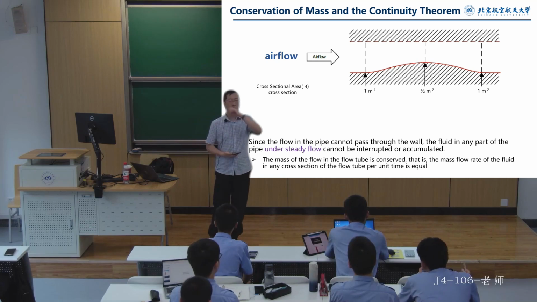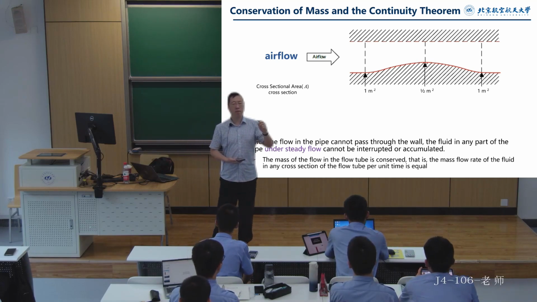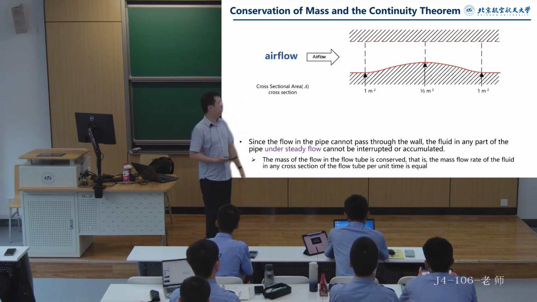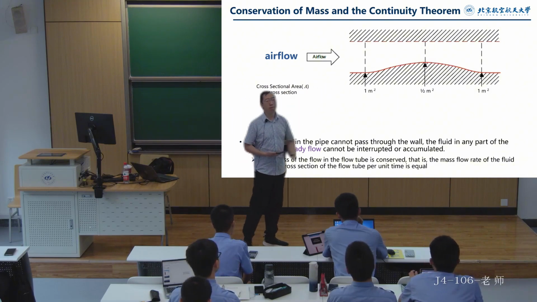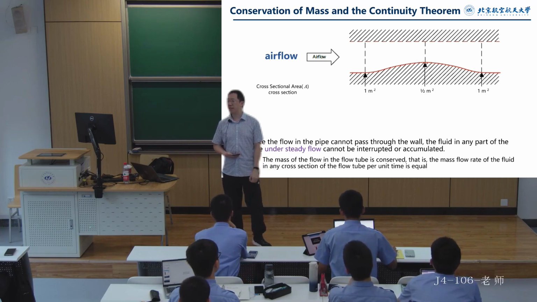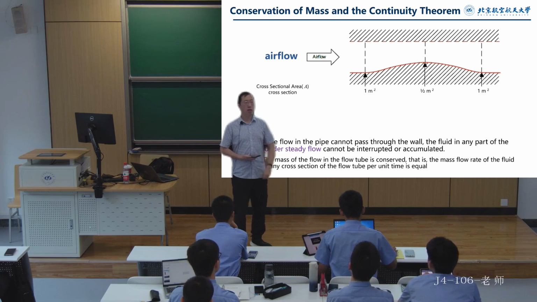What is meant by steady flow? It refers to a flow that has stabilized over time. At this point, what should the mass flow rate be like at each cross-section? It should be consistent.